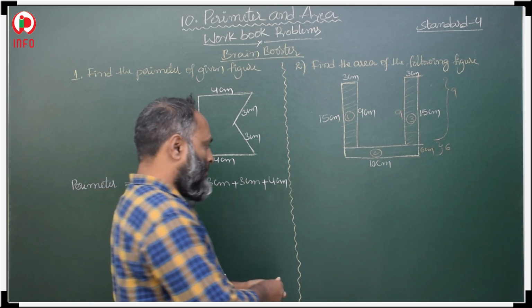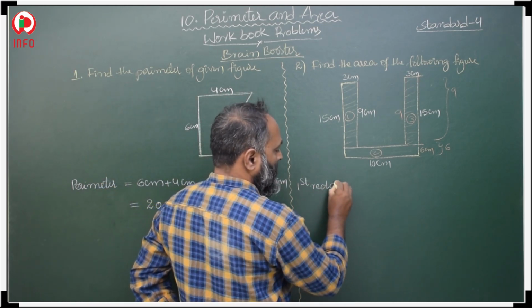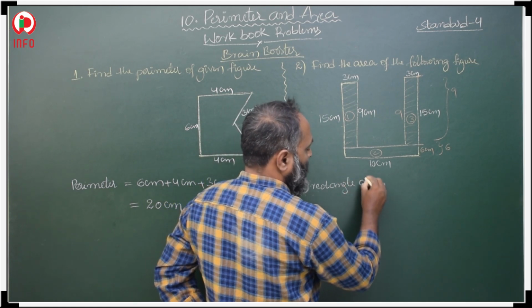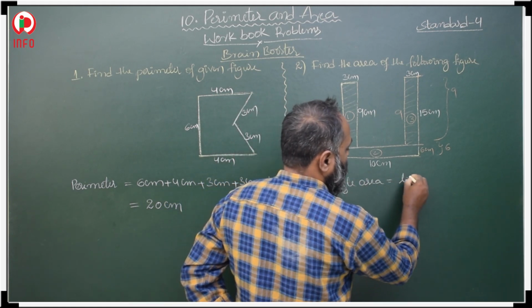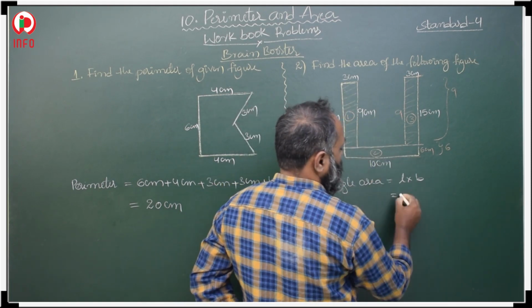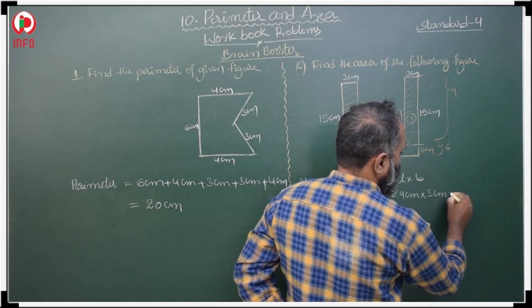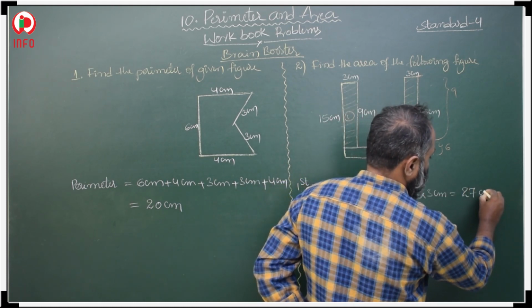Now, the first rectangle area is equal to length into breadth. What is the length here? The length is 9 centimeters and breadth is 3 centimeters. 9 3s are 27 centimeters.